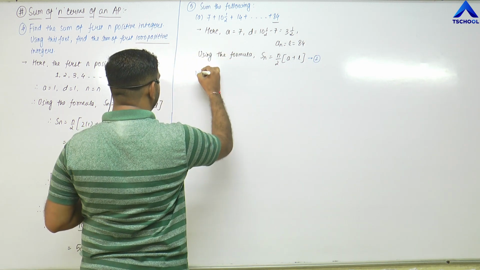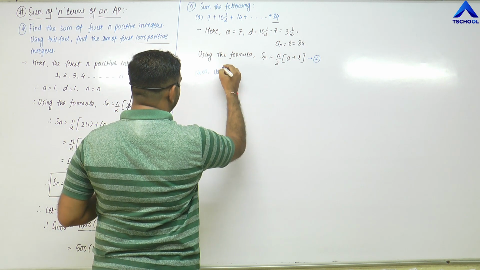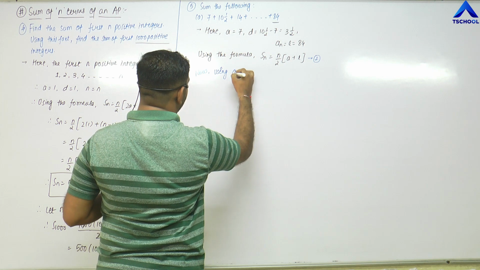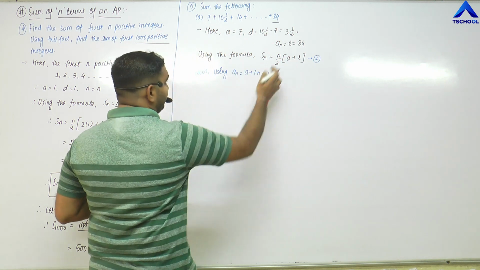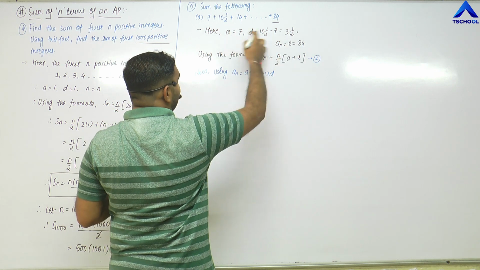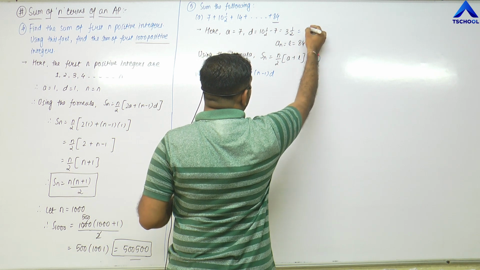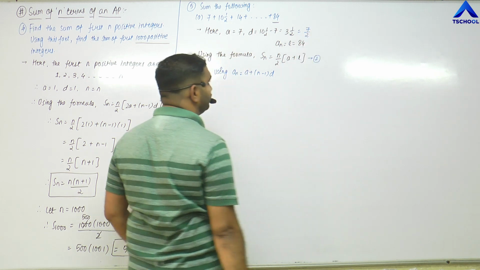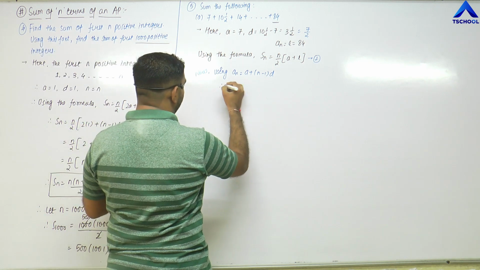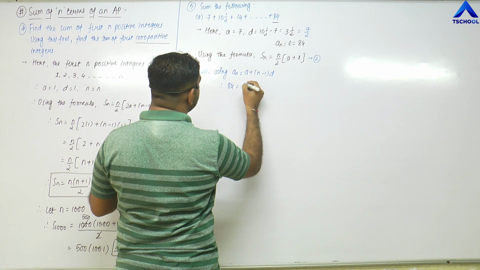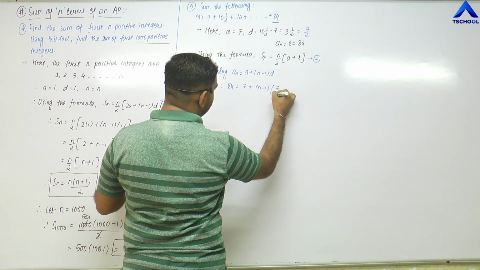Now, using an equals a plus n minus 1 into d. We are having an, a and d. So d can be written as 3 integer 1 by 2 or 7 by 2 also, right? Or you can also write it as 3.5. Therefore 84 equals 7 plus n minus 1 into 7 by 2.